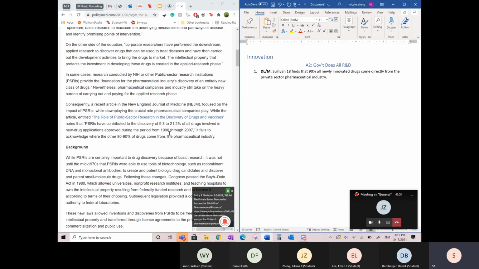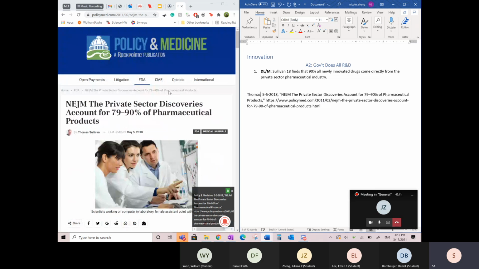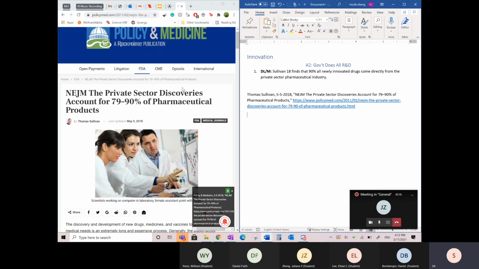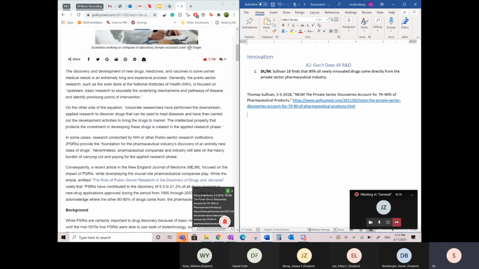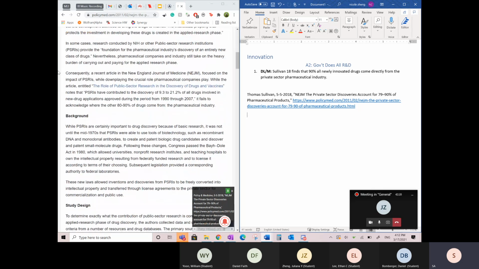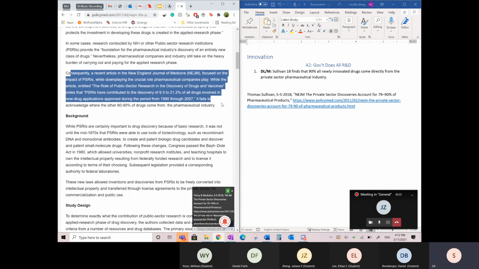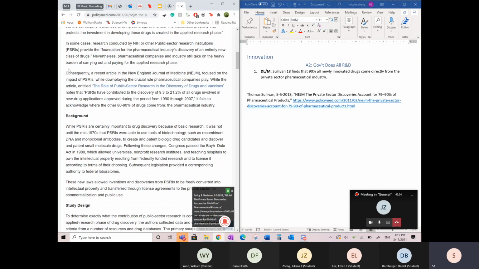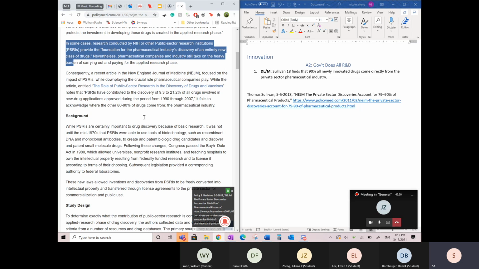And then I'm going to cut the card, and I'm going to add Thomas Sullivan. So I have the citation, and then I'm just going to cut the part that I used, which is right here. And best practice, you want one paragraph before and one paragraph after.